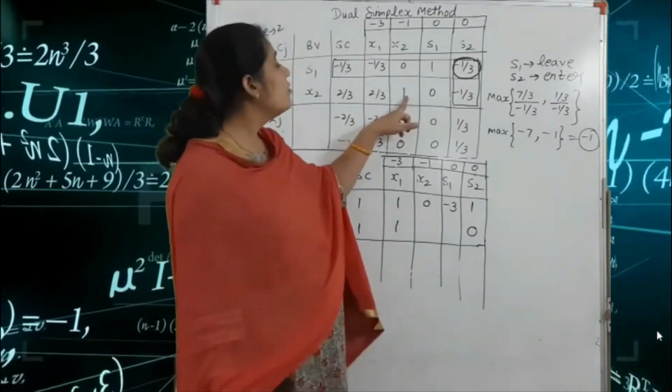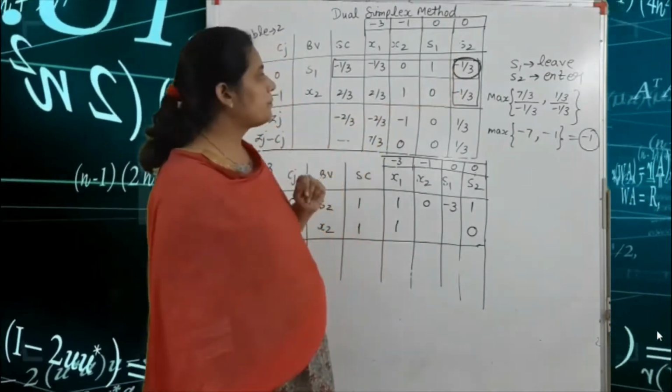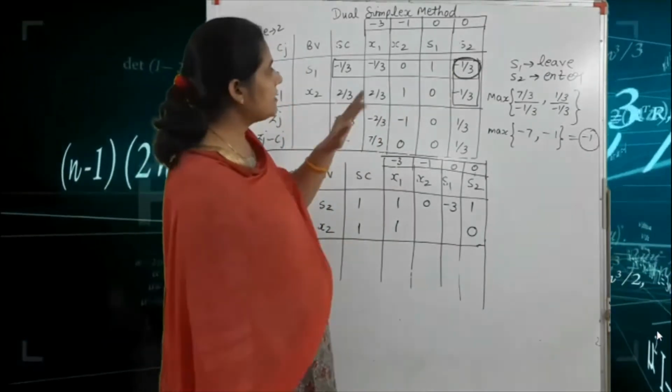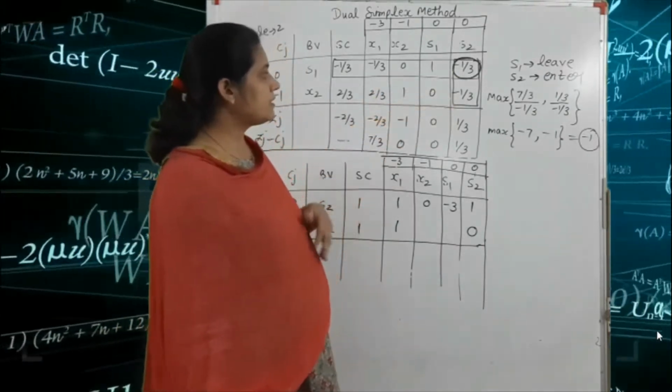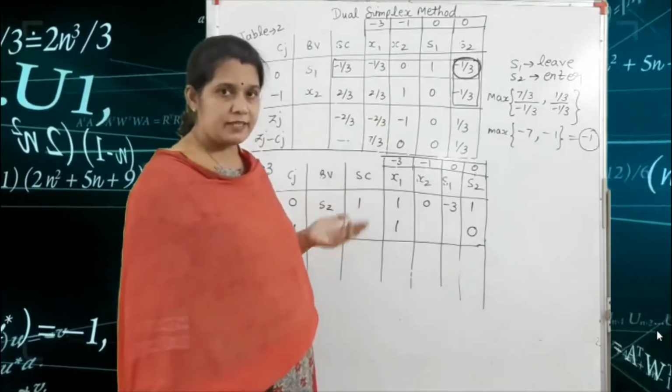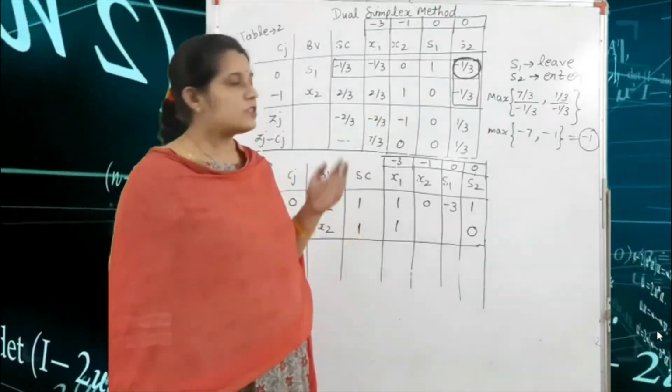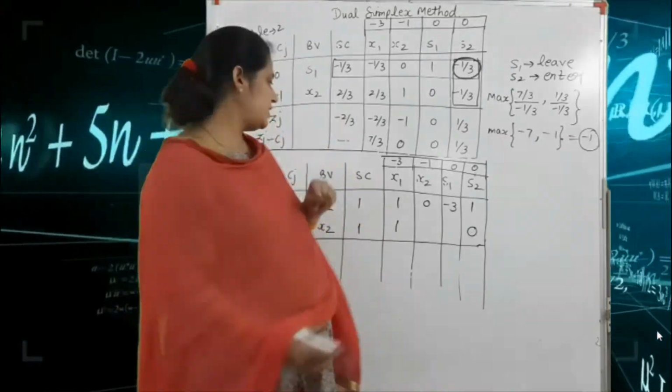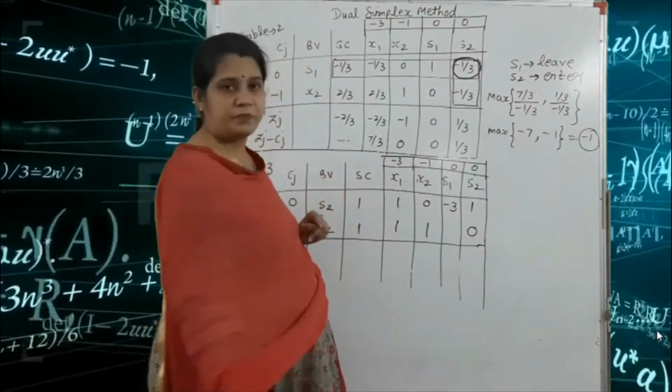Next one is 1 into minus 1 by 3, that means minus 1 by 3, minus 0 into minus 1 by 3, that means 0. So 1 into minus 1 by 3 means minus 1 by 3, and divided by the key number, which is minus 1 by 3, so we get the value 1. Got it?